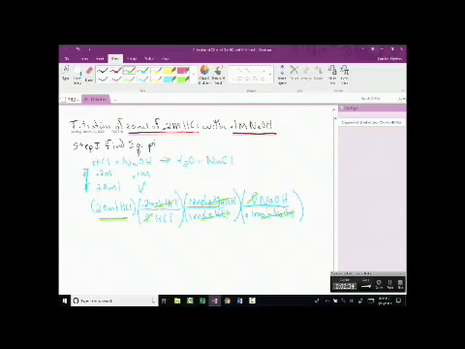HCl cancels here and here. And I end up with the units left over are milliliters of sodium hydroxide, which is exactly what I want to know. And so I do my calculation and I get the equivalence point.